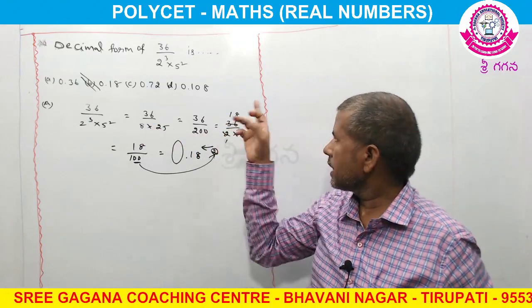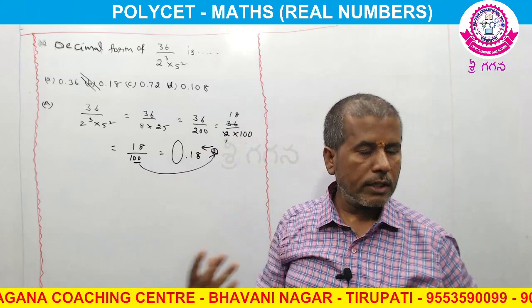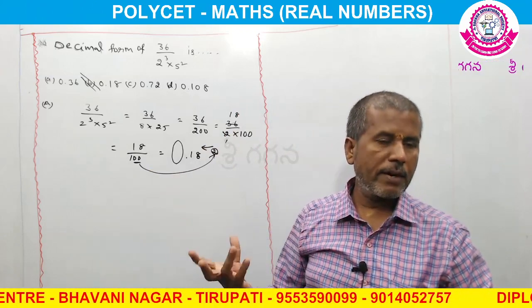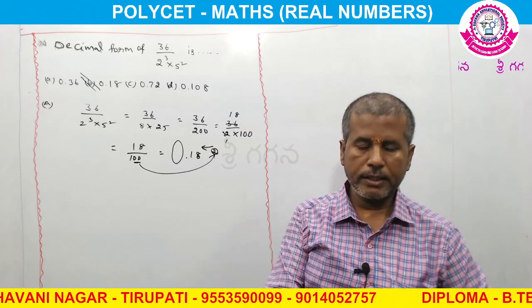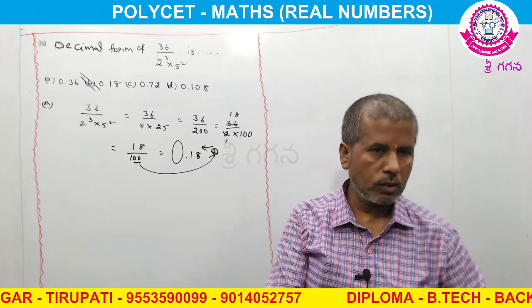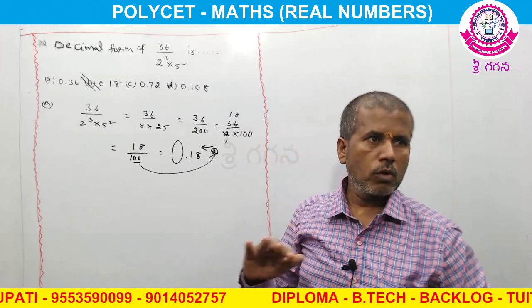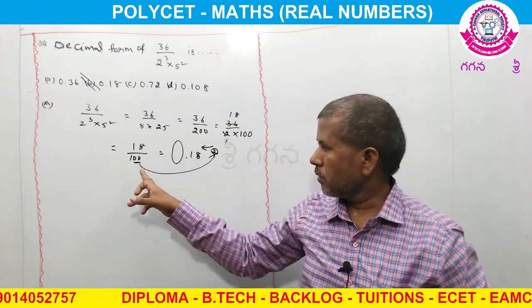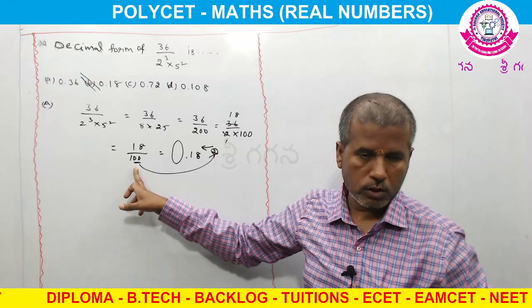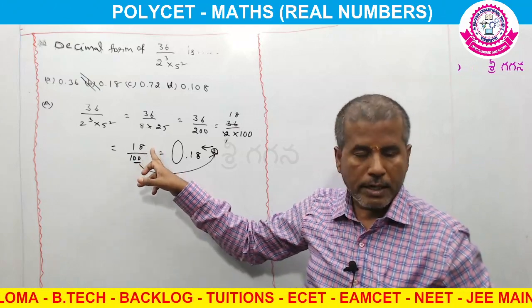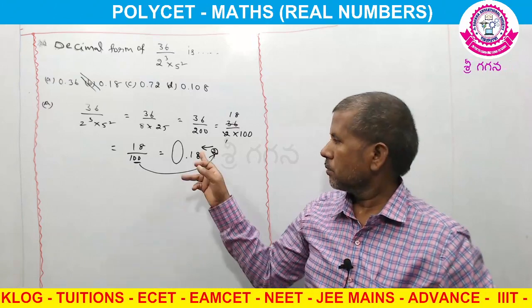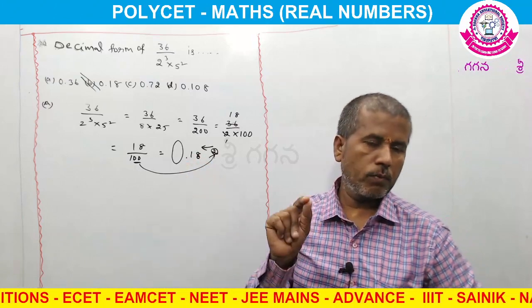So 18 by 100. In the previous class I told you a very simple method depending on zeros: 10, 100, 1000, 10,000, lakhs, anyone. Without division, we get the answer by the fundamental method. So here 2 zeros, so in the numerator, after 2 digits, we put the decimal point.